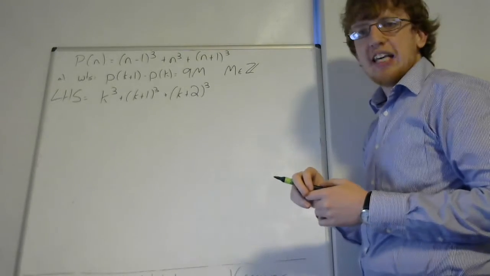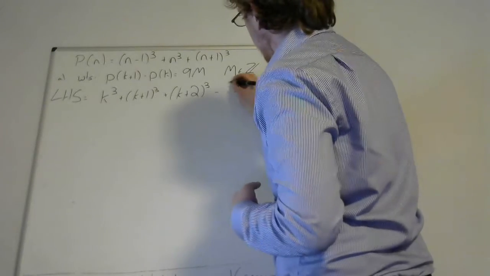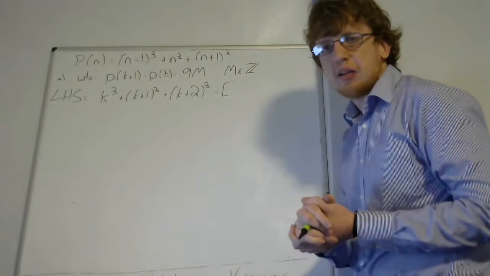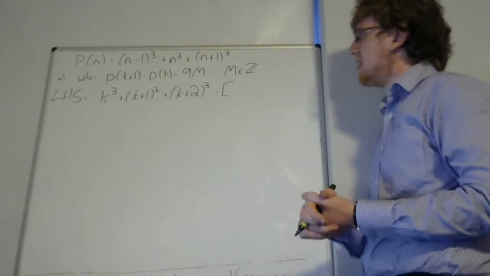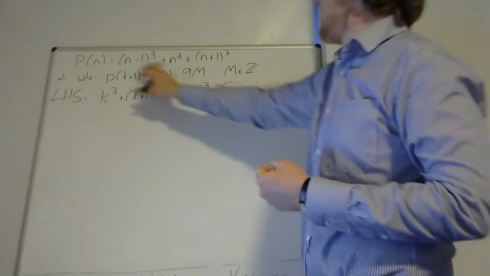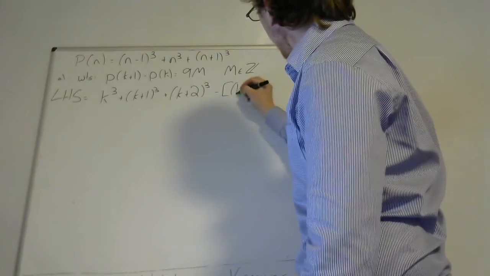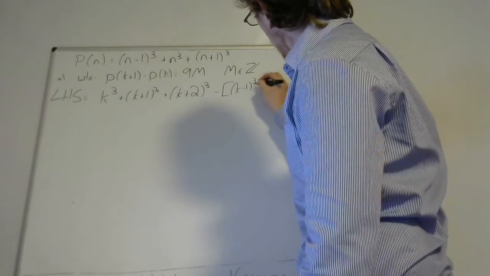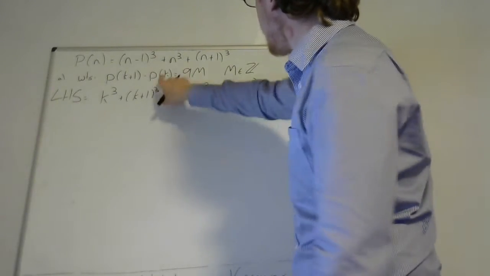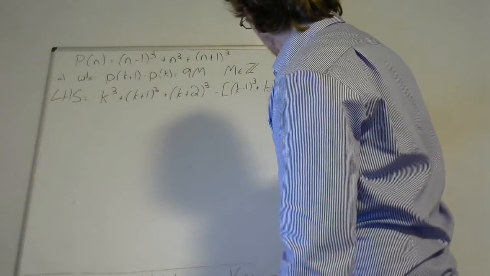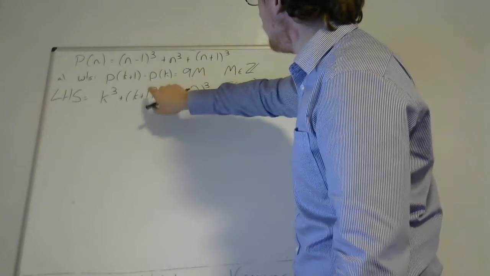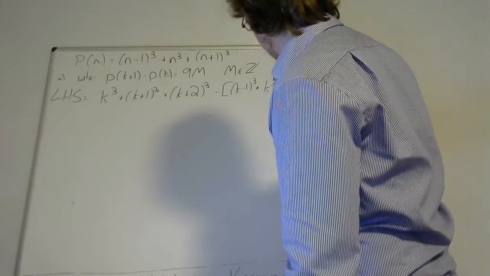And now we're going to take away, and I'm going to stick this inside a square bracket, because I know there's going to be circular brackets. Well, they're all over the place in this question. (k minus 1) cubed plus k cubed plus (k plus 1) cubed.